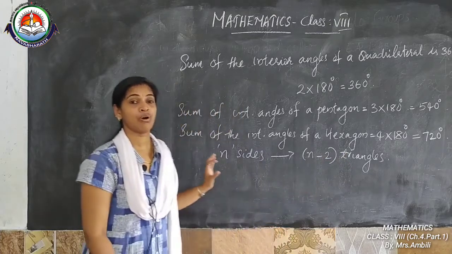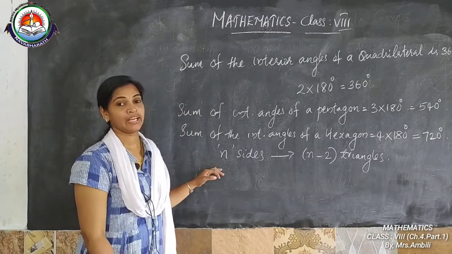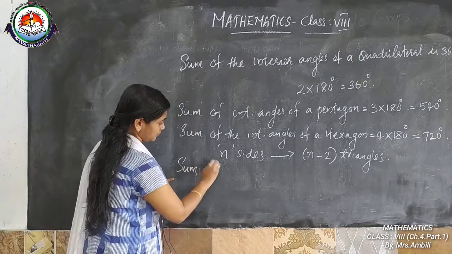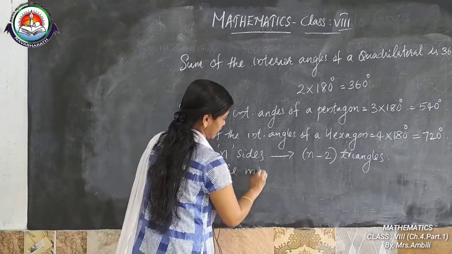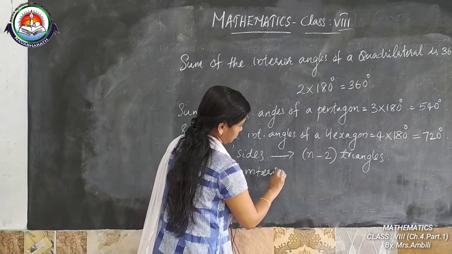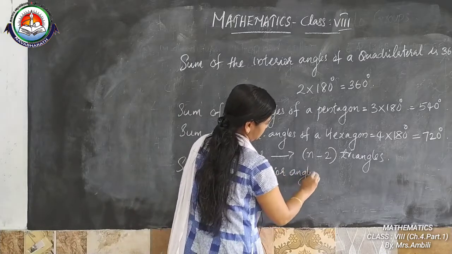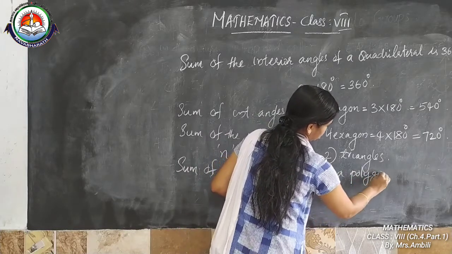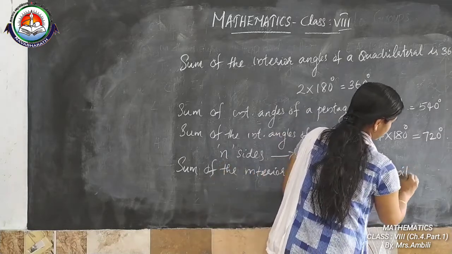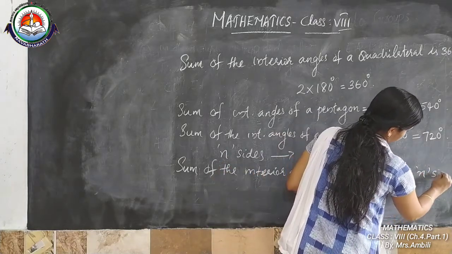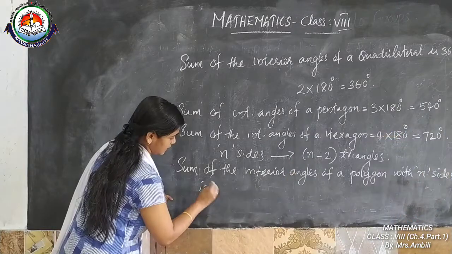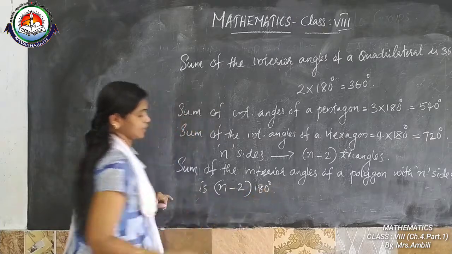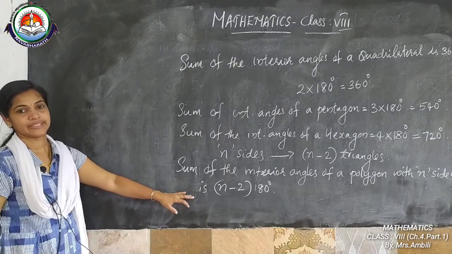Okay, so what about the sum for a polygon with n sides? So we can say that the sum of the interior angles of a polygon with n sides is n minus 2 into 180 degrees.